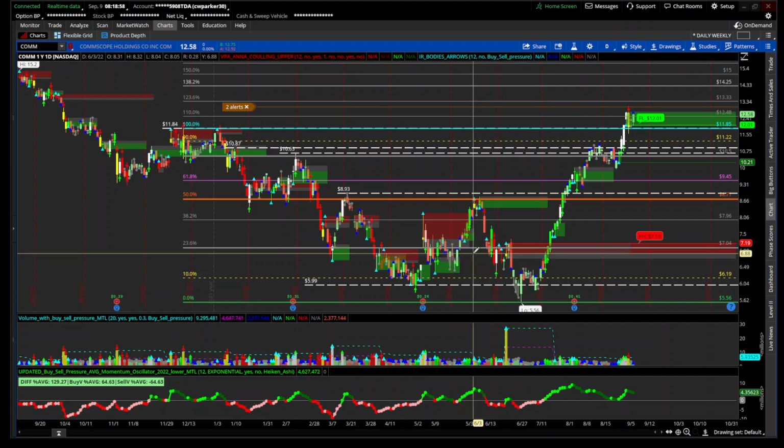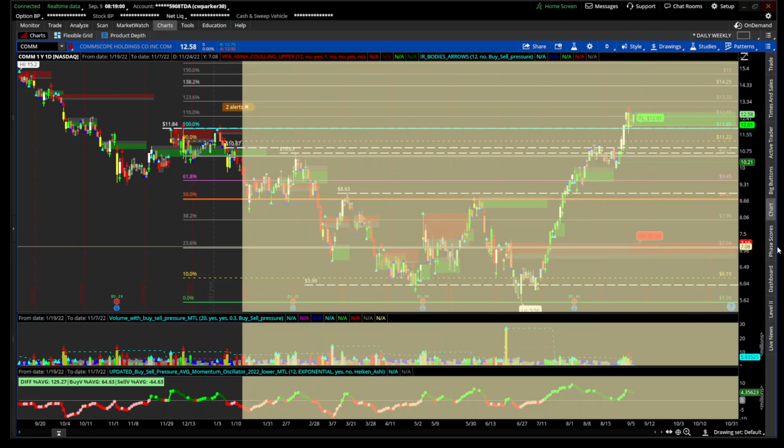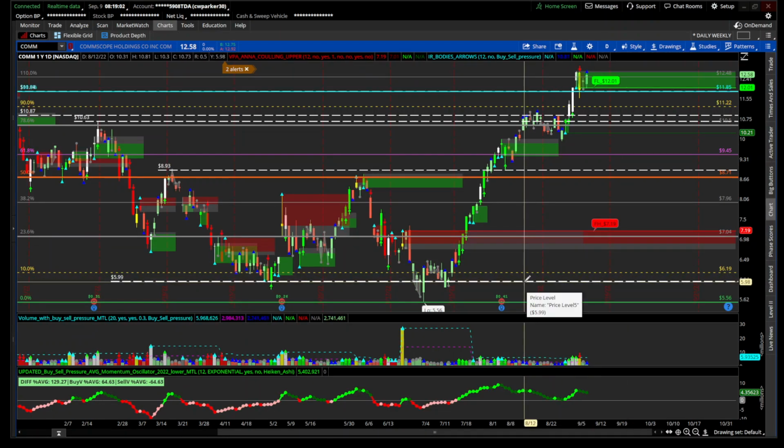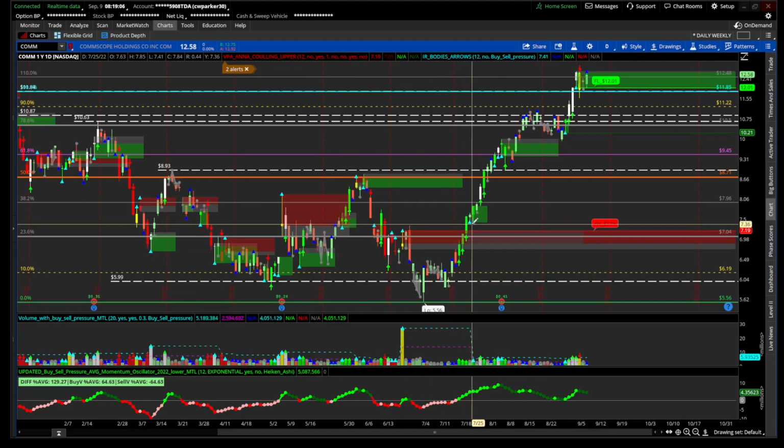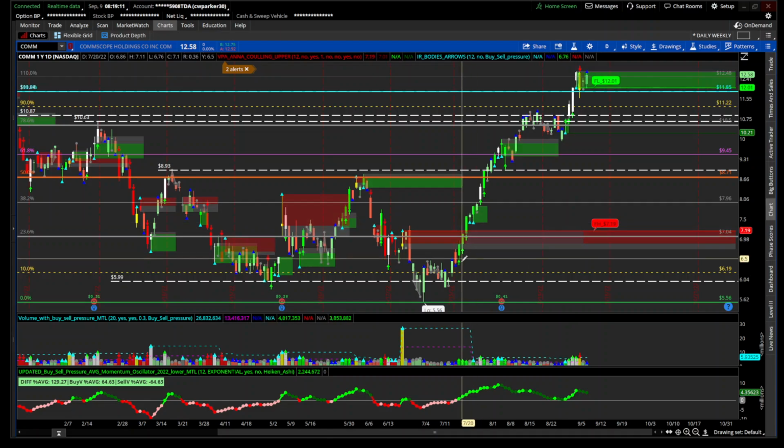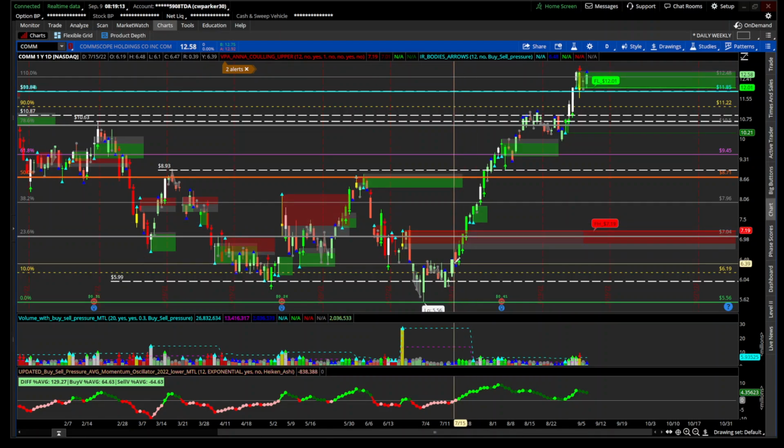So I got rid of those extra clouds, and we can just look at it like this, and you can just see the moves. You can scan for these triangles, for these pushes, or these irregular bodies, and these pushes as well.